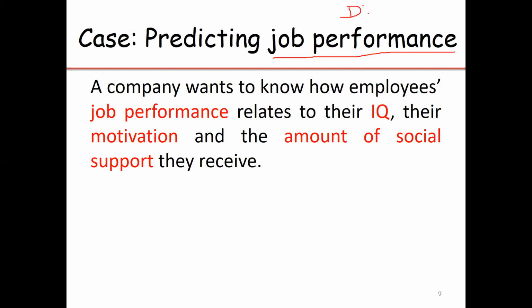We have three predictors: the IQ of the employee, the motivation, and the last predictor is the amount of social support. These three are the predictors, and job performance is the dependent variable.